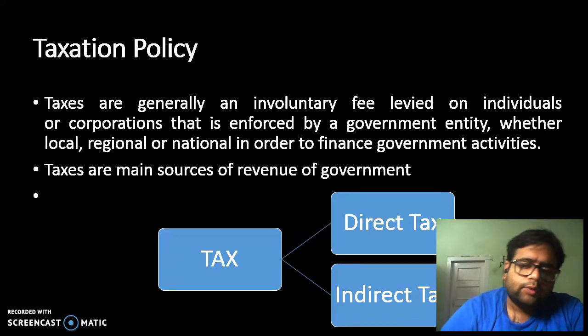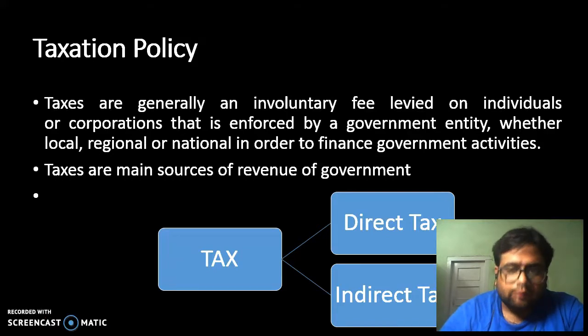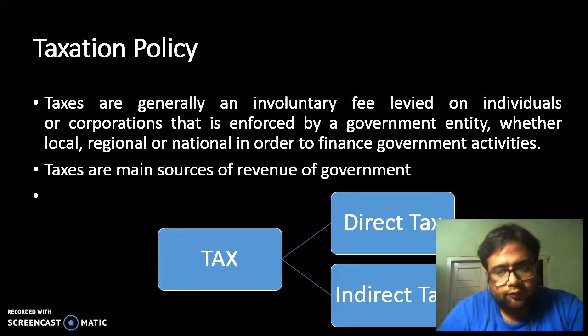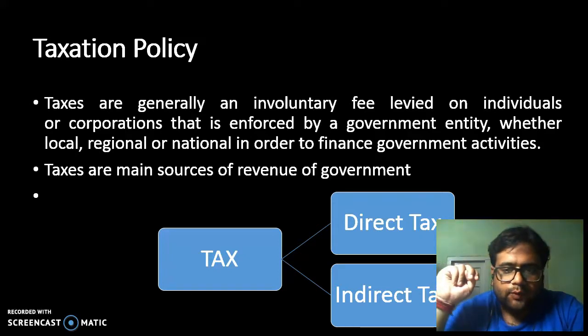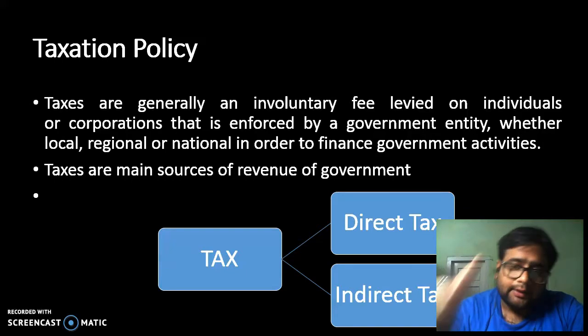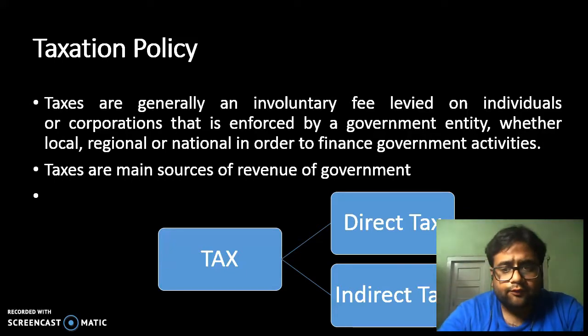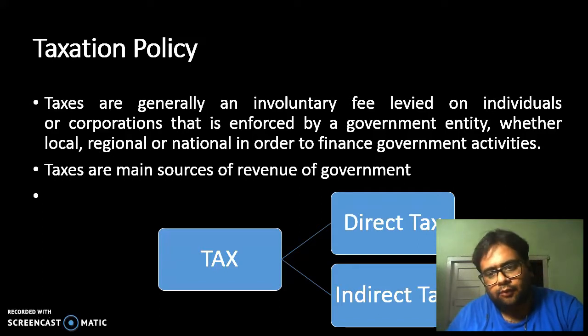So these are the two types of taxes. The basic difference, number one, is who pays, the assessee. The second difference between direct and indirect taxes is that direct taxes are progressive in nature. What do you mean by progressive in nature? Suppose you have gone through the budget statement. There are slabs. If I'm earning between this and this amount of money in a year, I'll be paying that amount of tax.